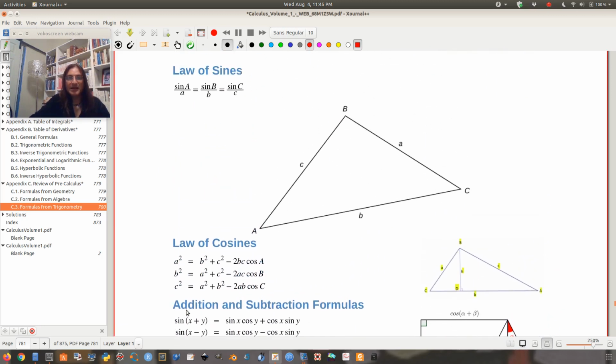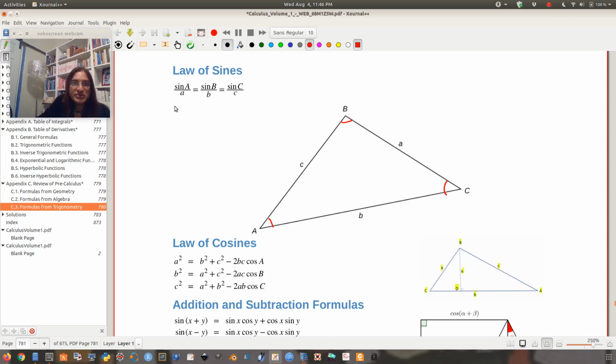And now let's look at the law of sines and law of cosines. The law of sines says if you have a triangle, which is not necessarily a 90-degree triangle, with angles A, B, and C, and the sides opposite to these angles, uppercase A, B, and C, are lowercase a opposite to A, b, and then c.